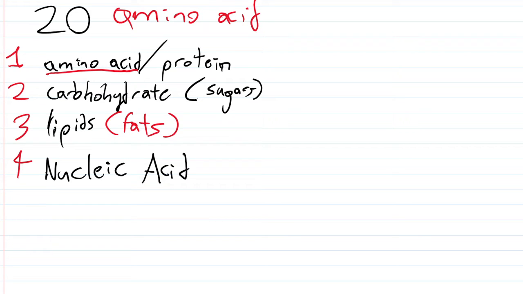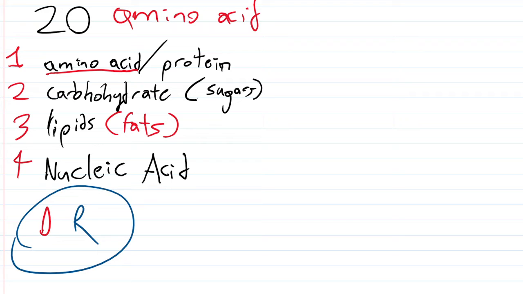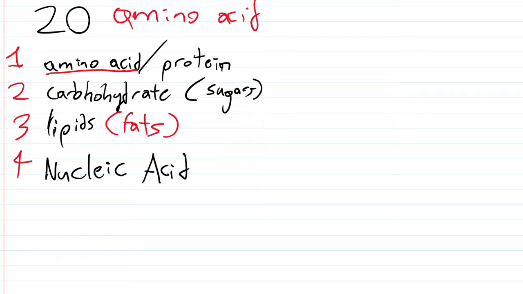It's not really that complicated, because there are 2 that you really need to know, and one of them starts with a D, and one of them starts with an R. Can you guess what they are? If you can, then that's great, but if you can't, it's okay, because I'm going to go over them in another video. But those are the 4 groups, okay?